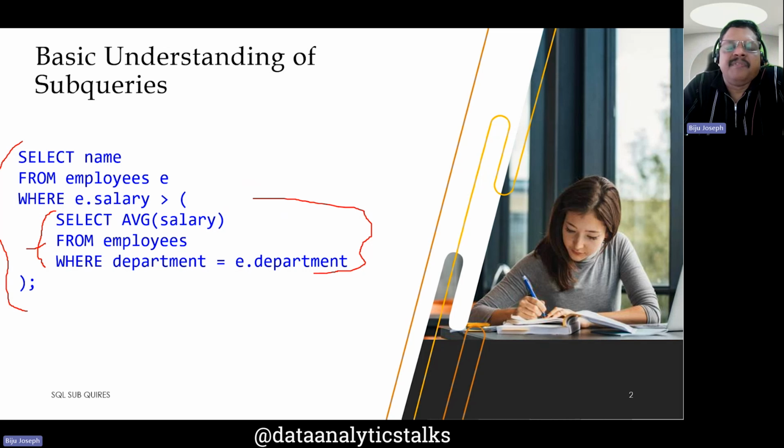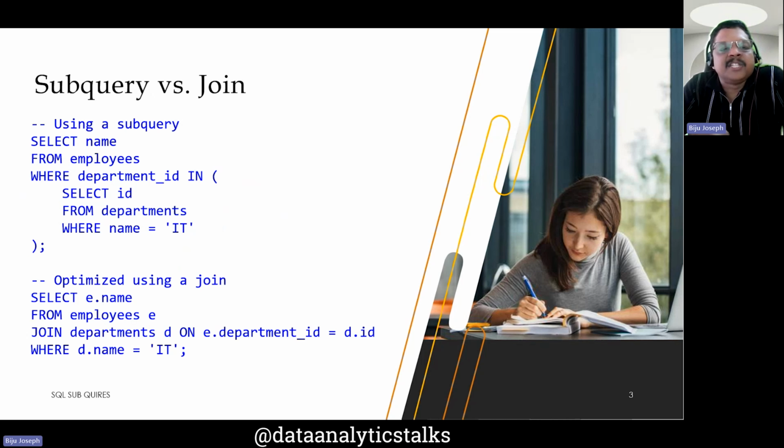Moving on, we will see the difference between subquery and join. We have already seen what a subquery is, and I know most of you know joins. The major joins are inner join, left join, right join, then cross join, self join.